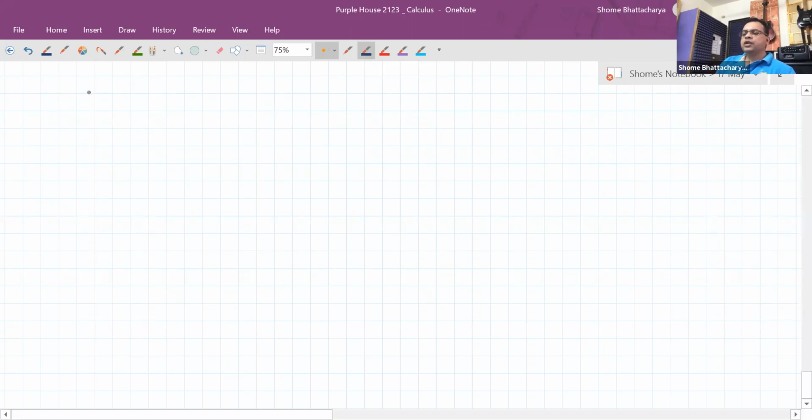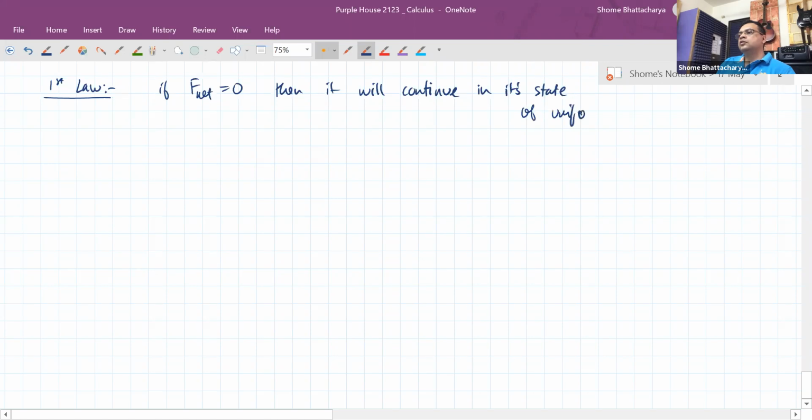Let's see. As you know, Newton's first law says that until and unless some force acts on a body, it has a tendency to continue in its state of uniform motion. So basically, one way of interpreting the first law is that if the net force on a body is zero, then it will continue in its state of uniform motion.